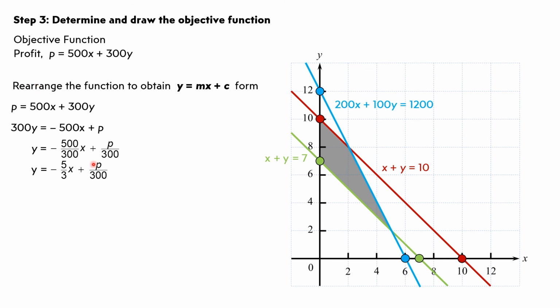Here is our objective function, rearranged: y equals negative 5 over 3 x plus P over 300. As I mentioned before, m equals y2 minus y1 over x2 minus x1. The value in the numerator is the value of y and the value in the denominator is the value of x, which means that our y is 5 and x is 3.